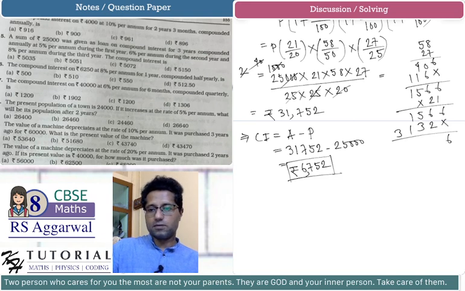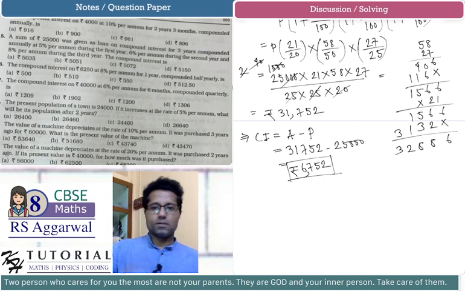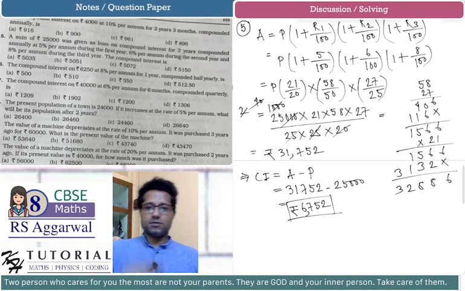So 6, 8, 8, 2, 3. My God, it will increase. Where I am doing the mistake.